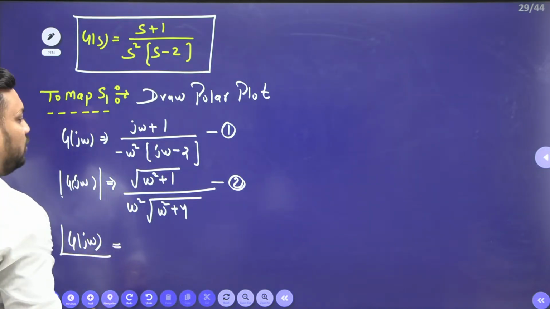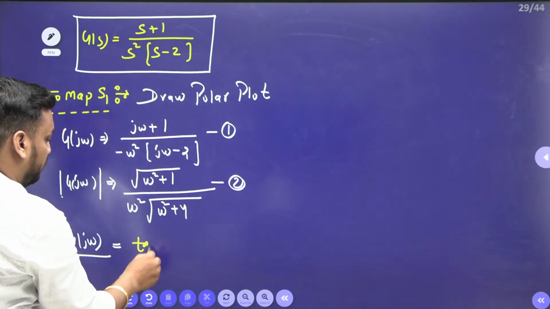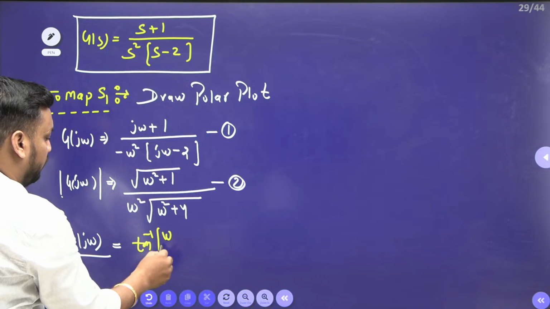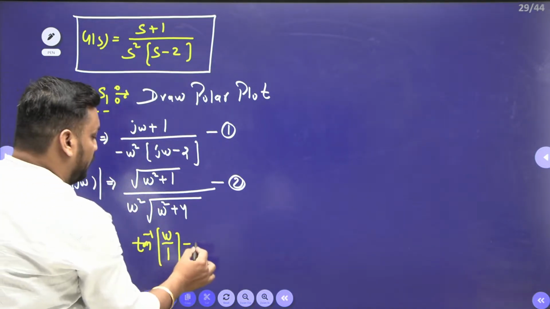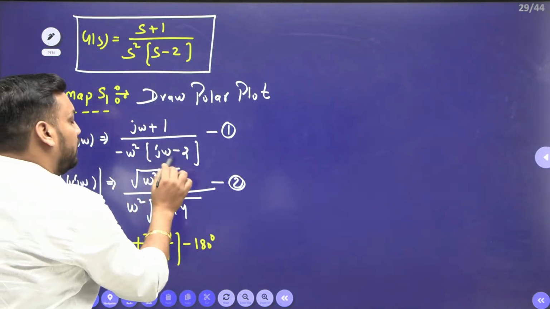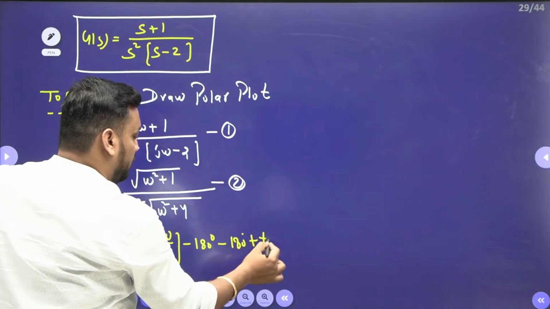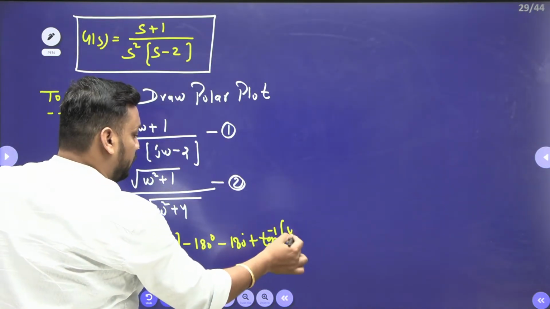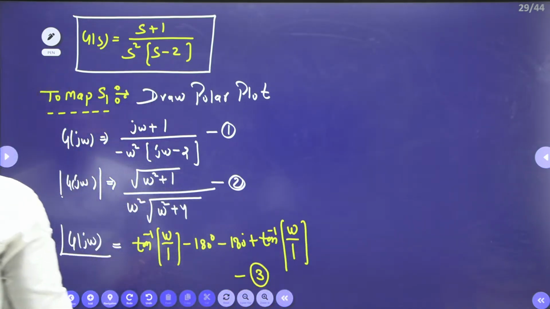In the numerator, j omega plus 1, so angle will be tan inverse omega by 1. What is the angle of minus omega square? 180, so overall the angle will be minus 180. And for j omega minus 2, the angle is 180 minus tan inverse, so overall again minus 180 plus. So minus 180 plus tan inverse omega by 1. Equation number 3.